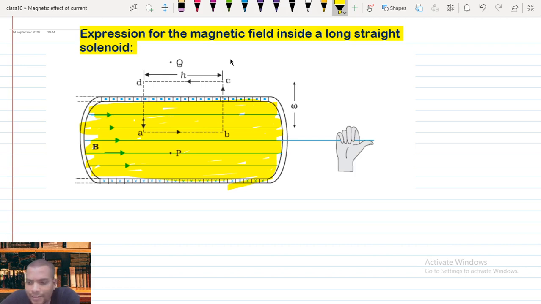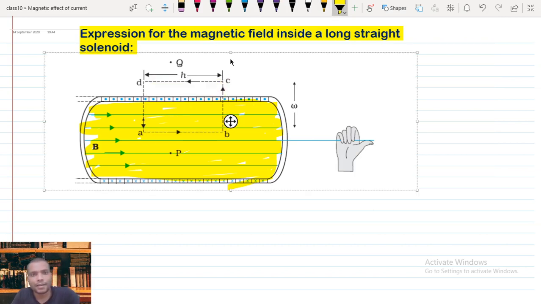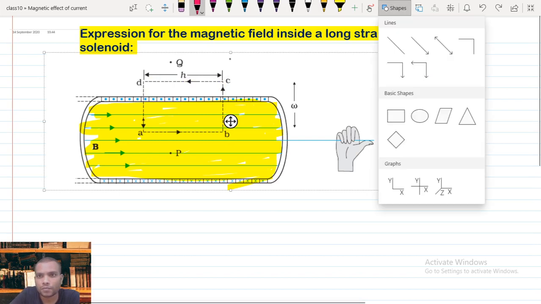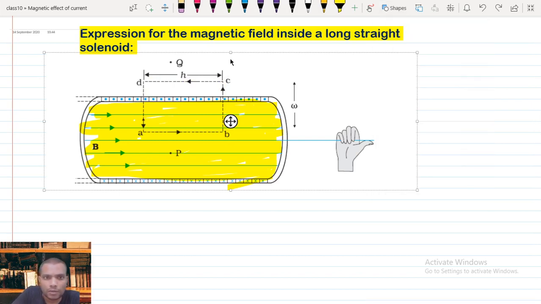Now to find the magnitude of the magnetic field using Ampere's circuital law, we need to select a proper Amperian loop. Here a rectangular Amperian loop has been selected. ABCD is a rectangular Amperian loop for a particular portion.